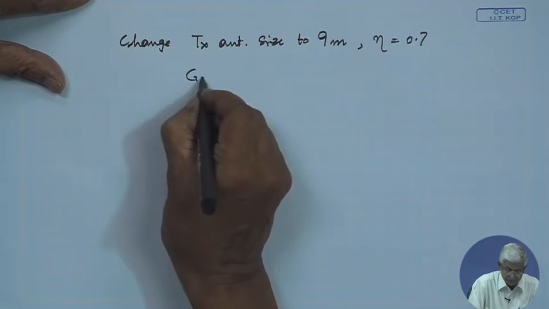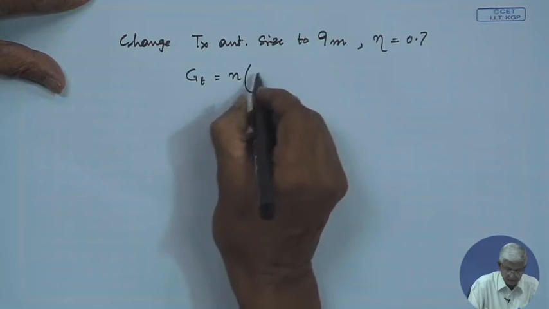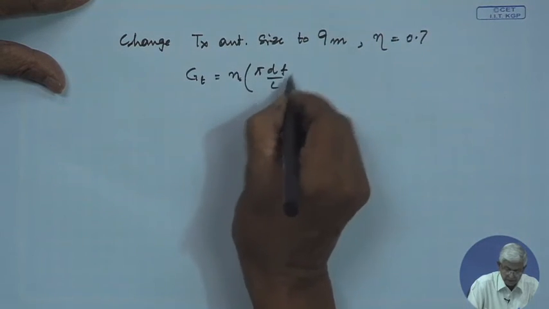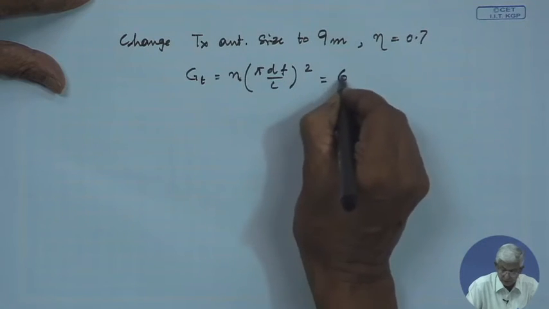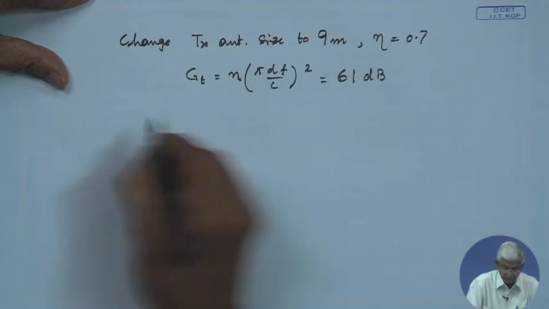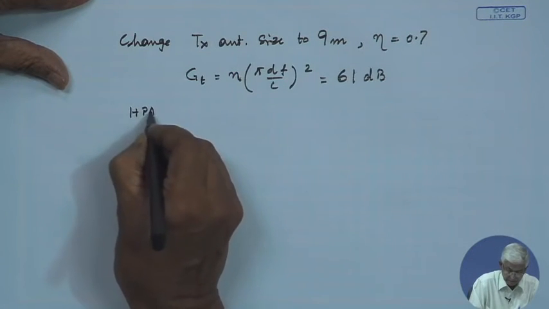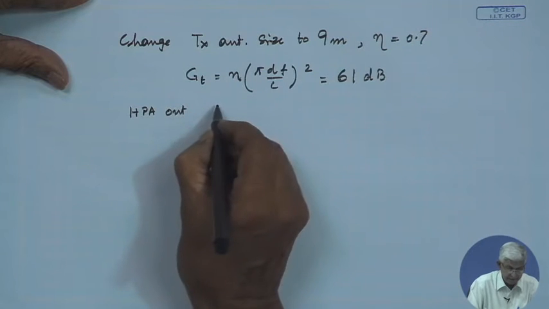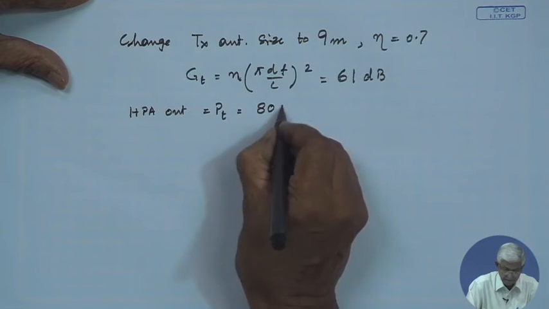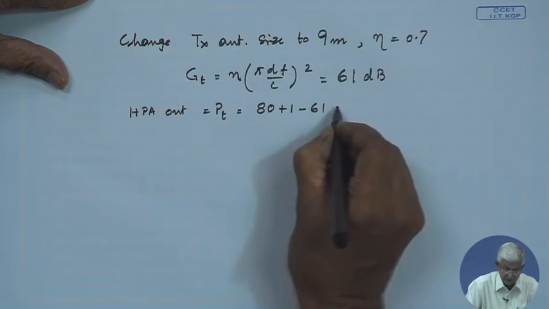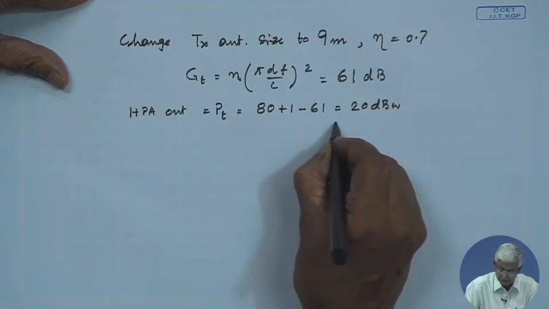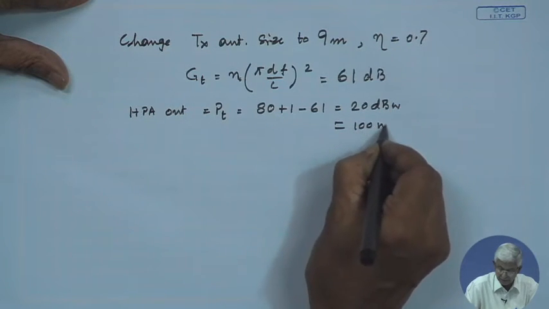So, GT is efficiency into pi d f by c whole square, which will come out to be roughly of the order of 61 dB. Now, then the HPA out, that is our PT, is 80 plus 1 minus 61, which comes out to be 20 dBW, which is roughly about 100 watt, which is tolerable.